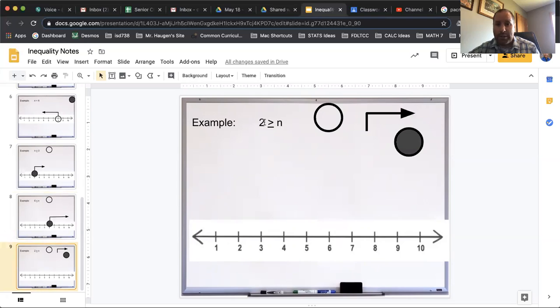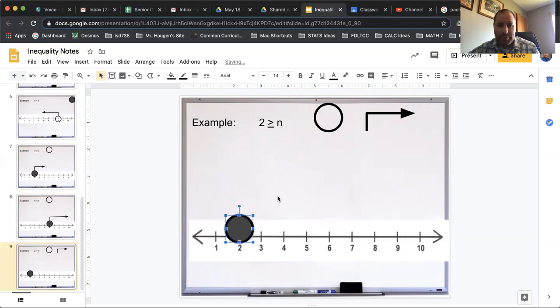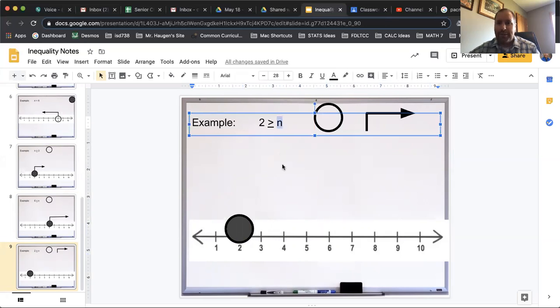And same with this one here. Again, or equal to. So I'm going to use my filled in circle, put it at the 2. And that part's pretty easy. That part's not too bad. But now I want to read this. I want the stuff, the numbers, and notice it's pointing at the numbers. So the numbers are smaller than 2. 2 is greater than all the numbers.